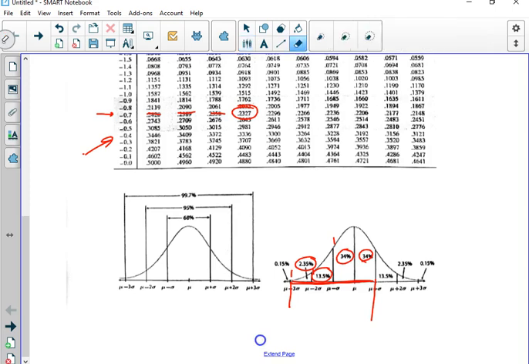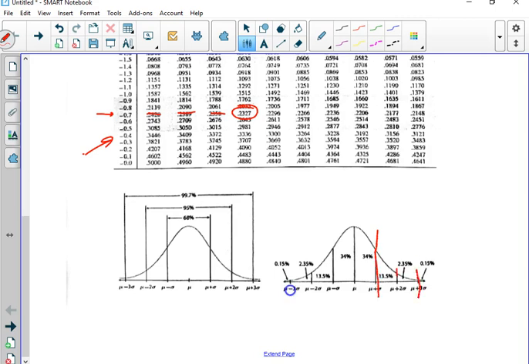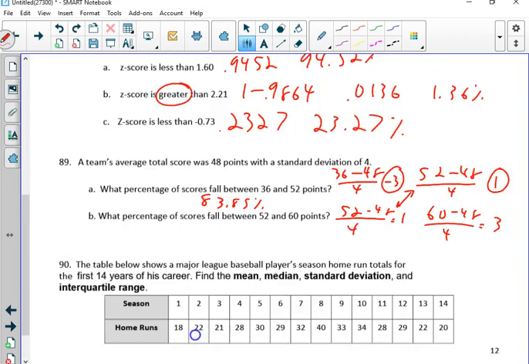This time, I'm going between +1 right here, and here's 2, here's 3, right here. Now I just need to add up those two numbers, 13.5 and 2.35, which gives me 15.85%.